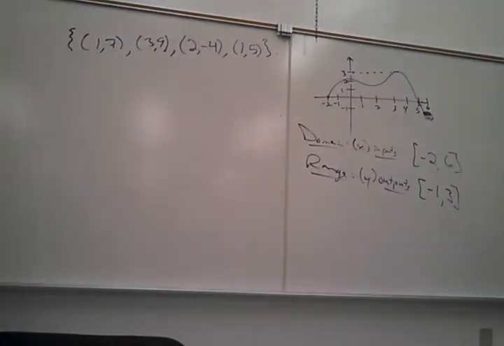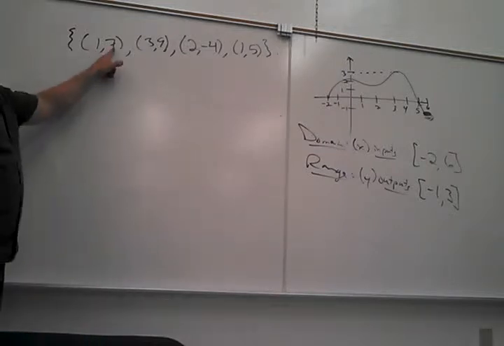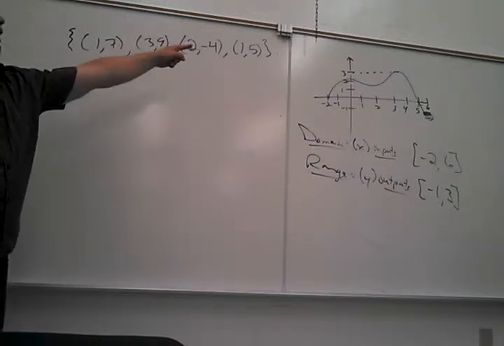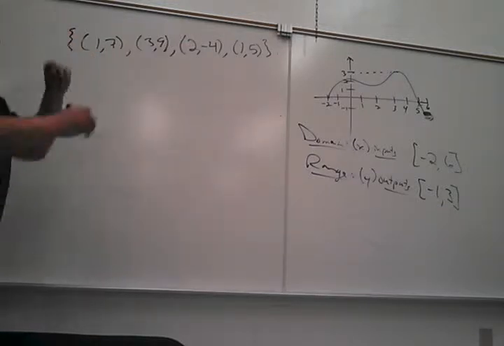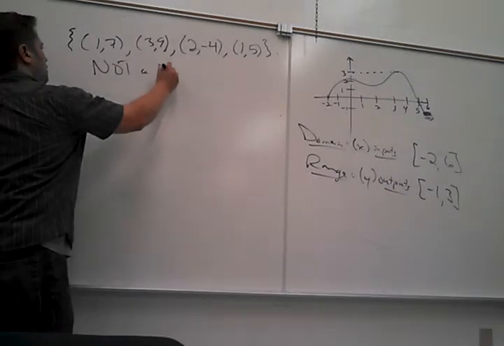Is that a function? What's the definition of function? For every input, there can only be one output. So is there any x input that has more than one output? Yes. One has a 7 output and it has a 5 output. So this is not a function.